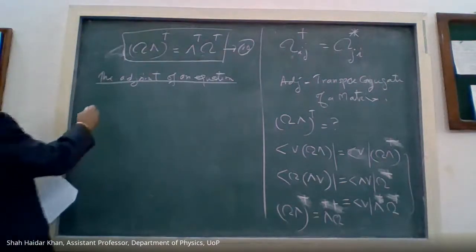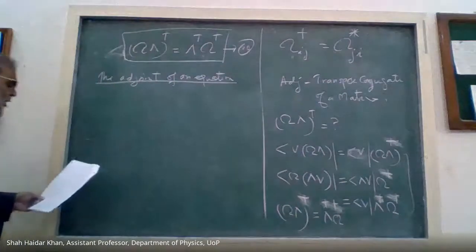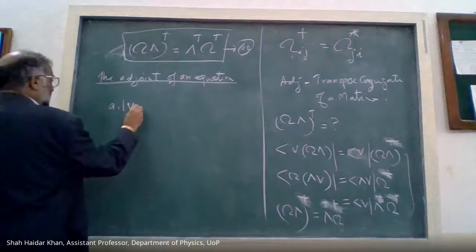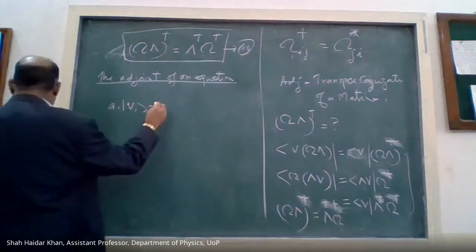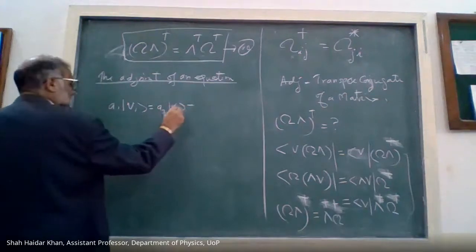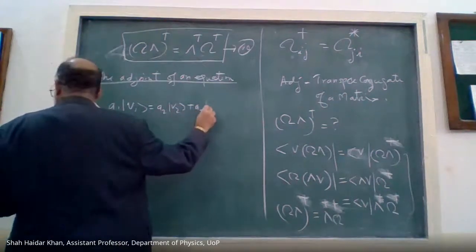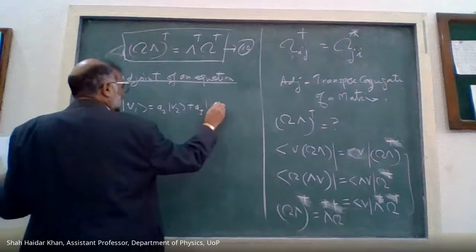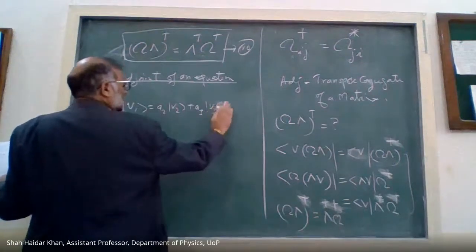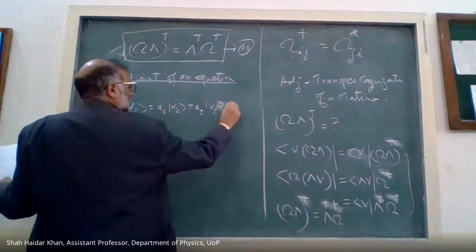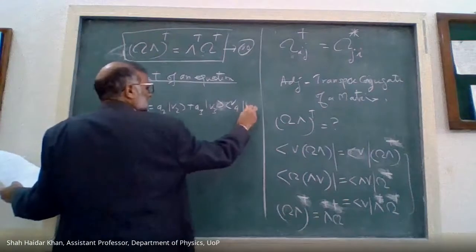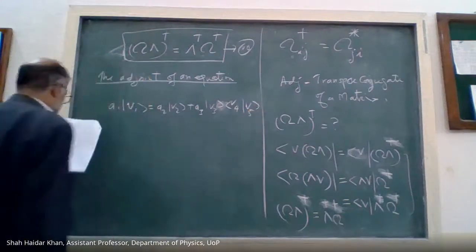If we have some equation in a vector space, A1 V1 is equal to A2 V2 plus A3 V3 V4 V5, right?